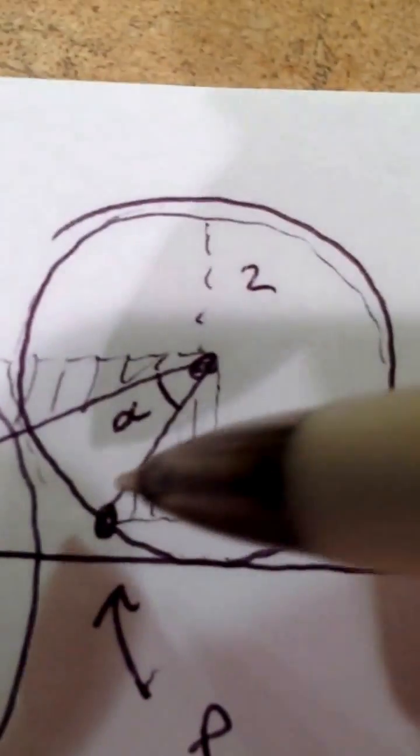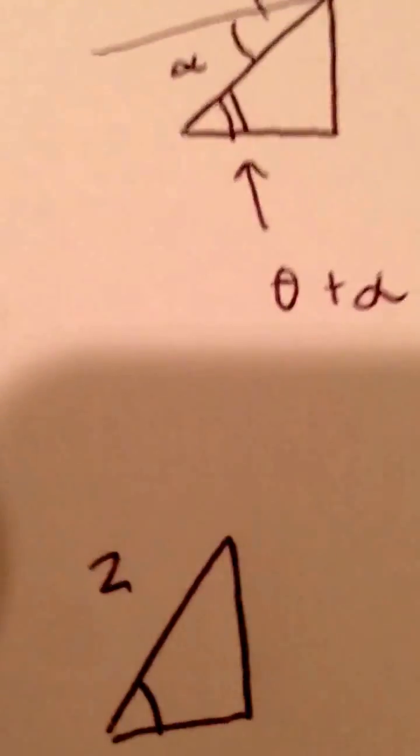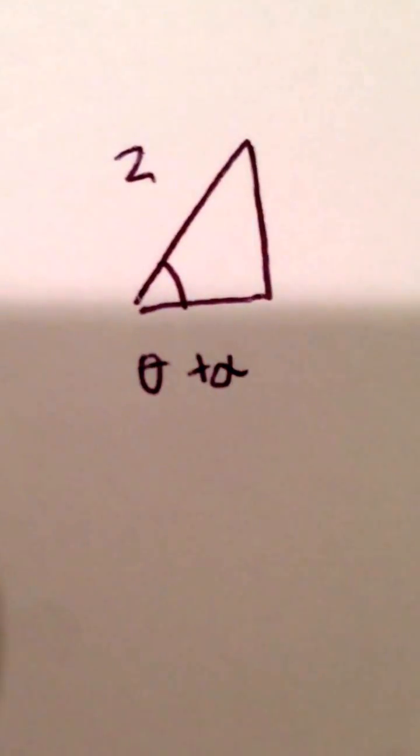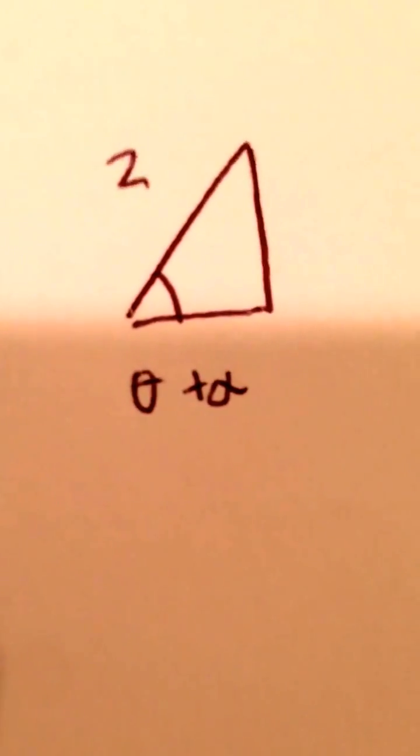That's that angle there. And the other thing we know is that the hypotenuse is the radius of the circle, which is 2. So I'm going to redraw the triangle. Sorry, you can't see what I'm drawing. And so what we want to do is define the triangle in terms of this angle, theta plus alpha.